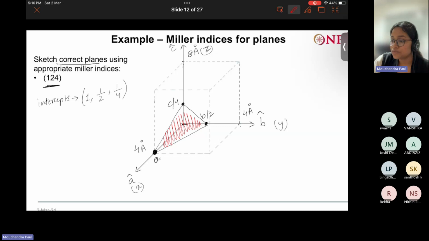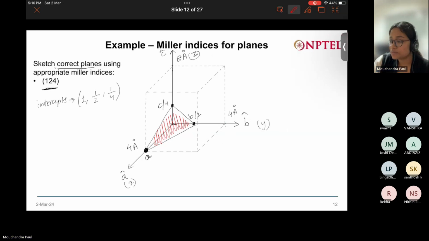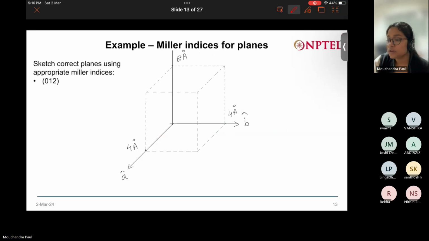Now let's move to a similar problem. Here your Miller index given is 0, 1, 2. Now you have to sketch the plane that represents this Miller index. So what is the first step that I should do? You guys direct me.